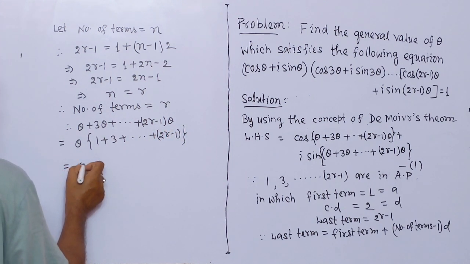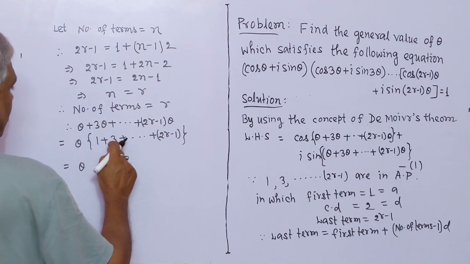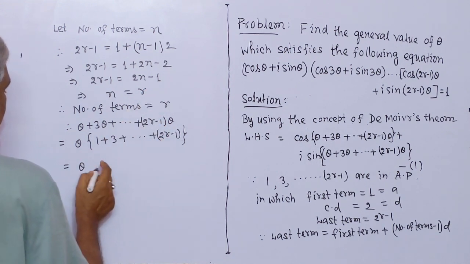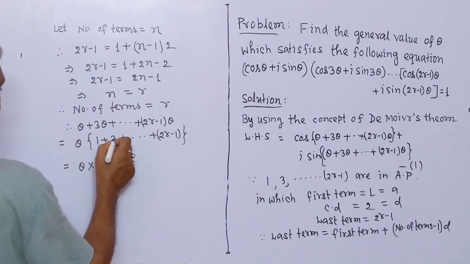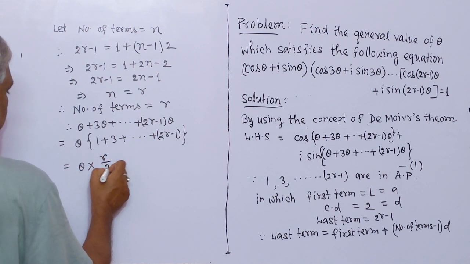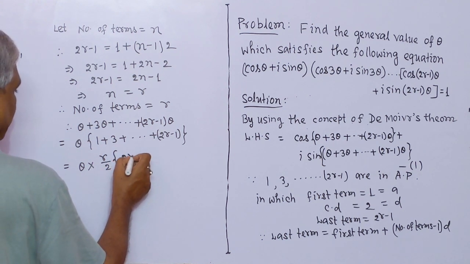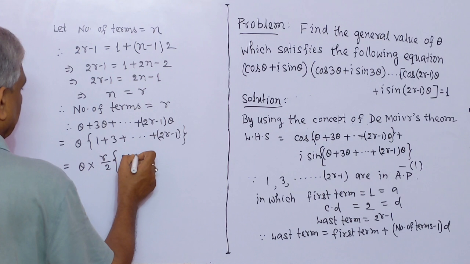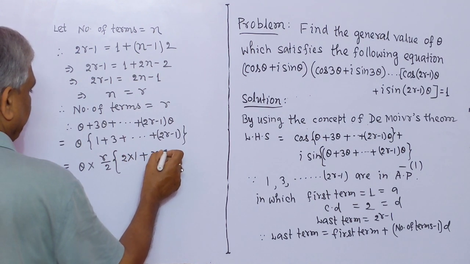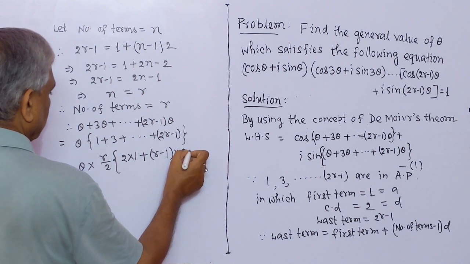This equal to theta times the sum of r terms, where number of terms is r, and we calculate this by the formula: number of terms by 2, bracket 2 into first term 1 plus (number of terms minus 1) into common difference 2.